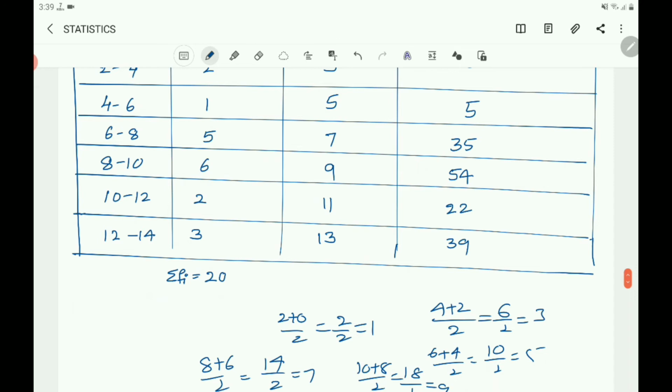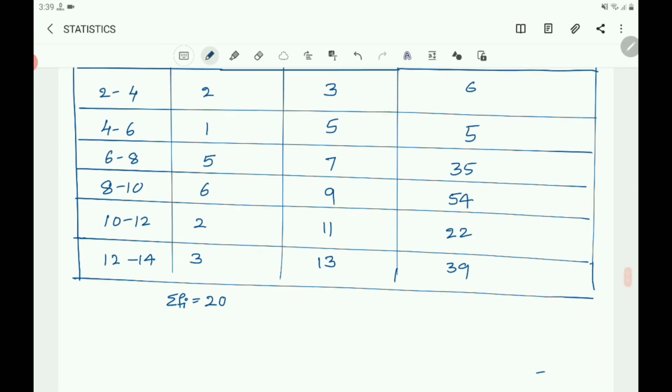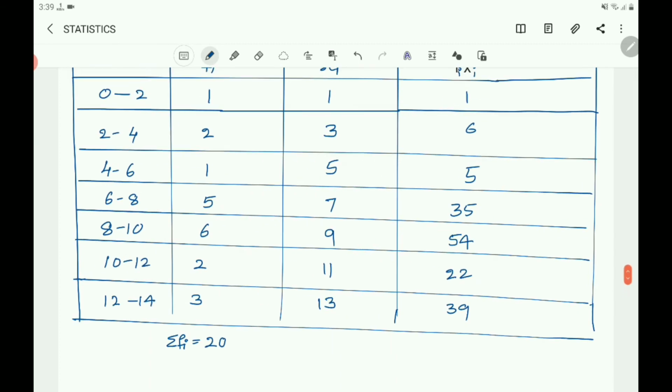Now here you find the sum of all fi xi, summation of fi xi.